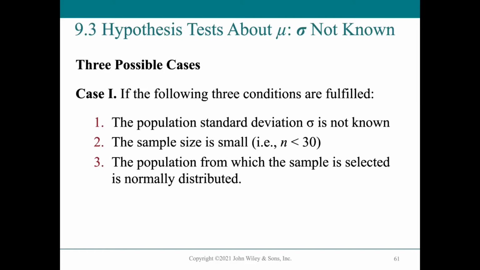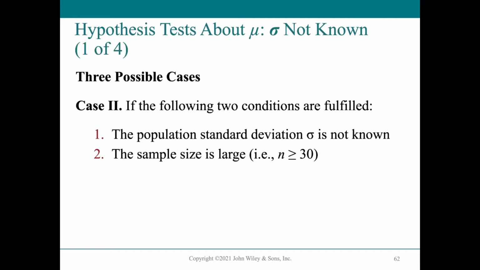Case one has three conditions. The first is that the population standard deviation, sigma, is not known. You have a small sample size, but the population from which the sample is selected is normally distributed. Case 2: we also have unknown population standard deviation, but we have a large sample size.